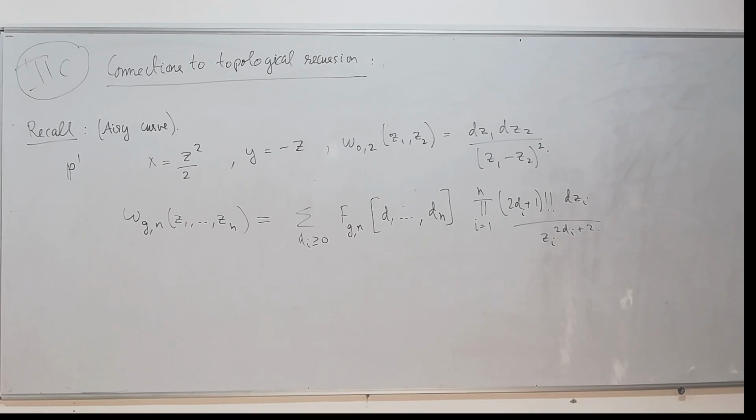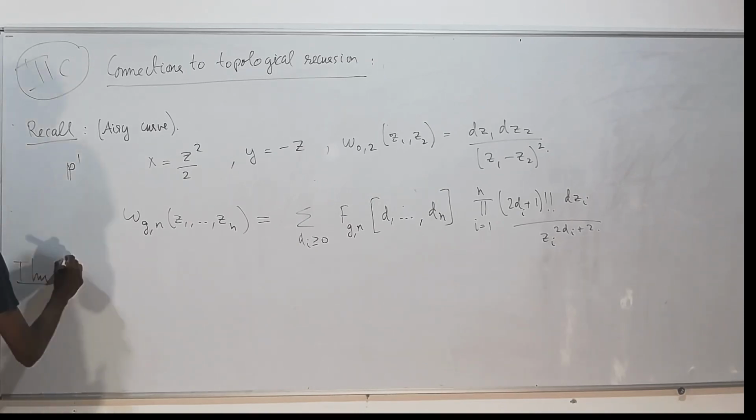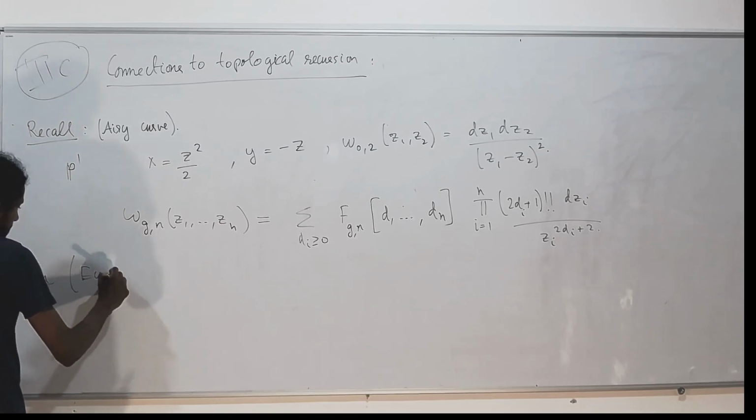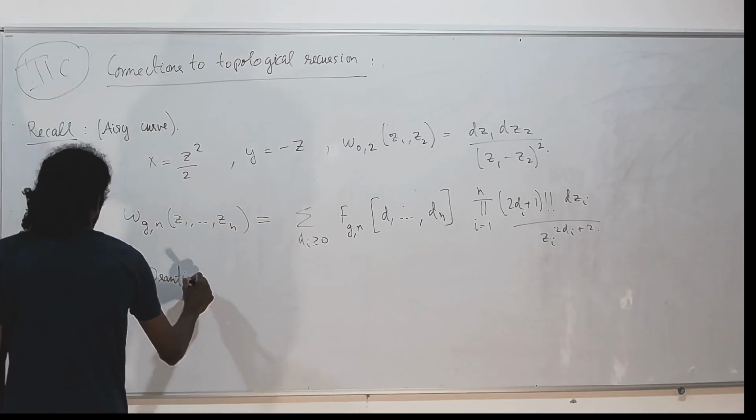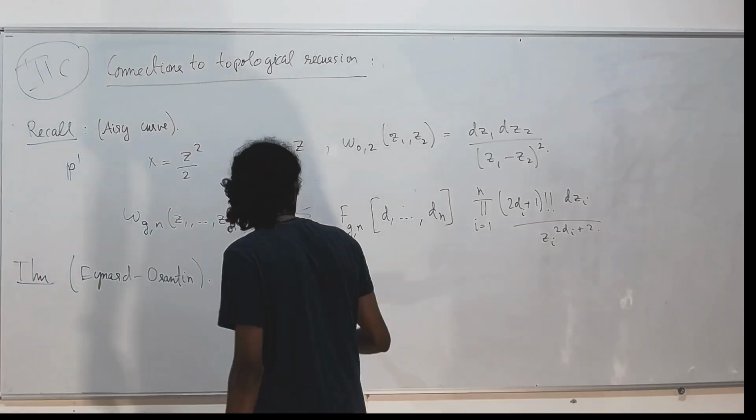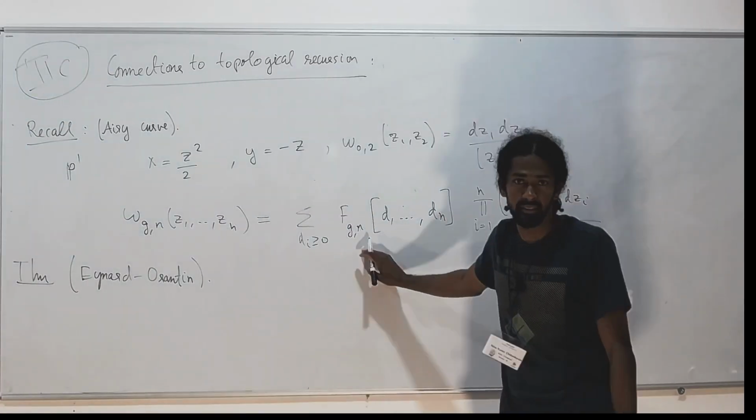And then the theorem is that these F g,n are exactly psi-class intersection numbers.